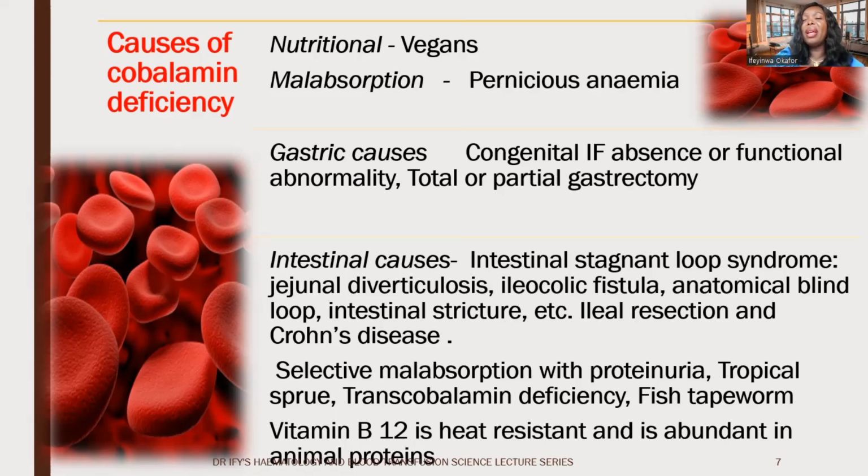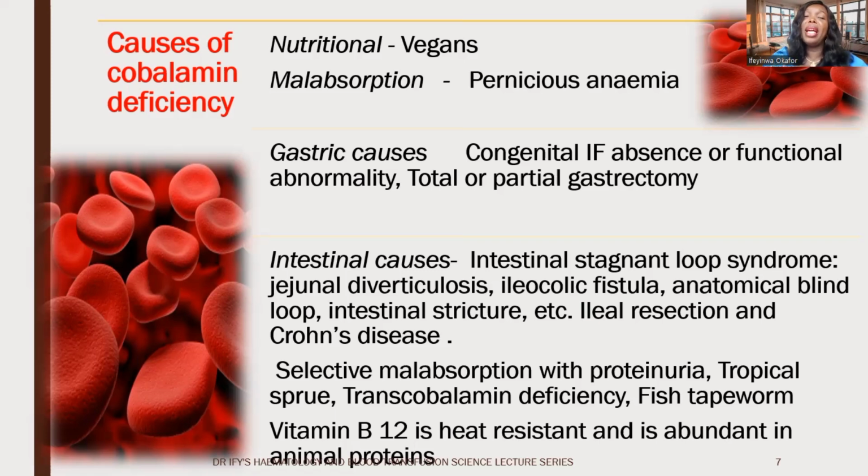A form of anemia that occurs strictly as a result of absence of intrinsic factor, either acquired or congenital, is called pernicious anemia. Pernicious anemia is an anemia that develops as a result of an individual not having intrinsic factor.